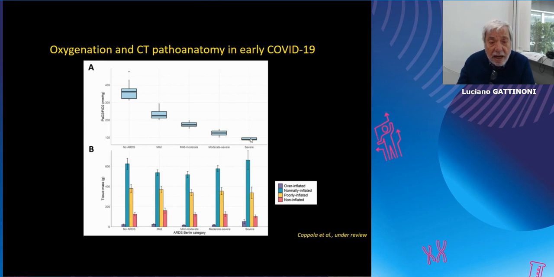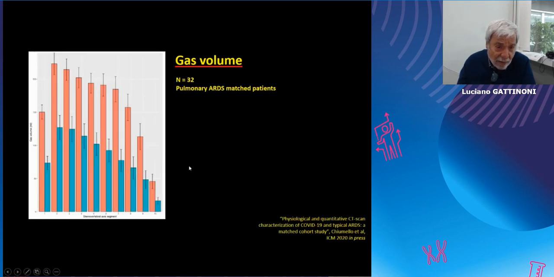Good. Now look at the lung weight or the lung condition, the anatomical condition, which is exactly the same, completely independent of the hypoxemia. That means the mechanisms of hypoxemia are not the same as in classical ARDS. Well, they are correlated with the lung weight.